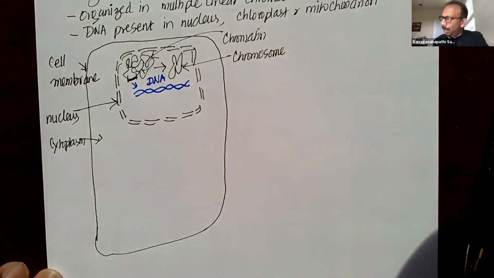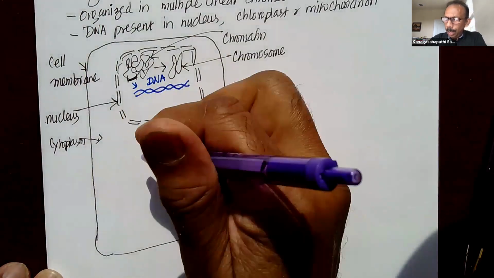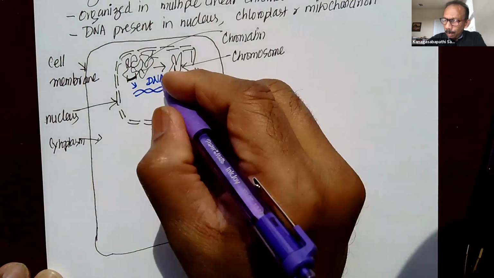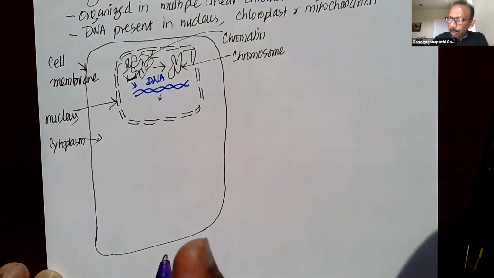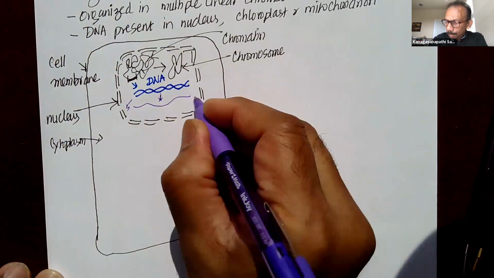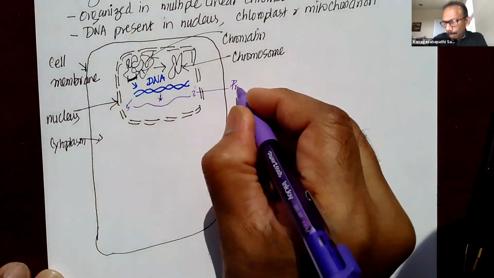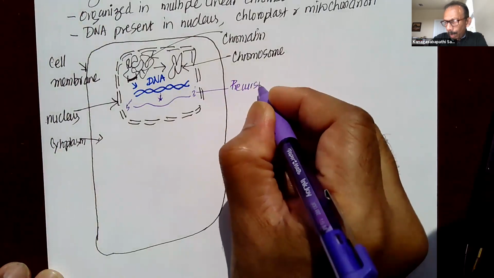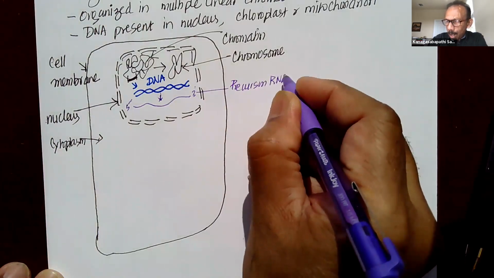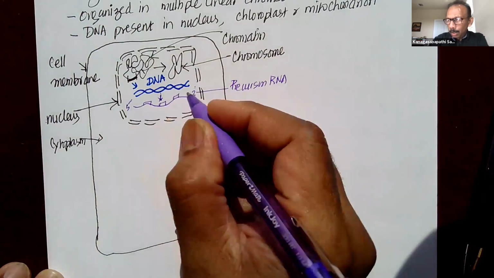So from the DNA, all of you know, it makes the RNA, which is kind of a precursor RNA, which contains the introns and exons. Let's say these are the boxes or the exons.